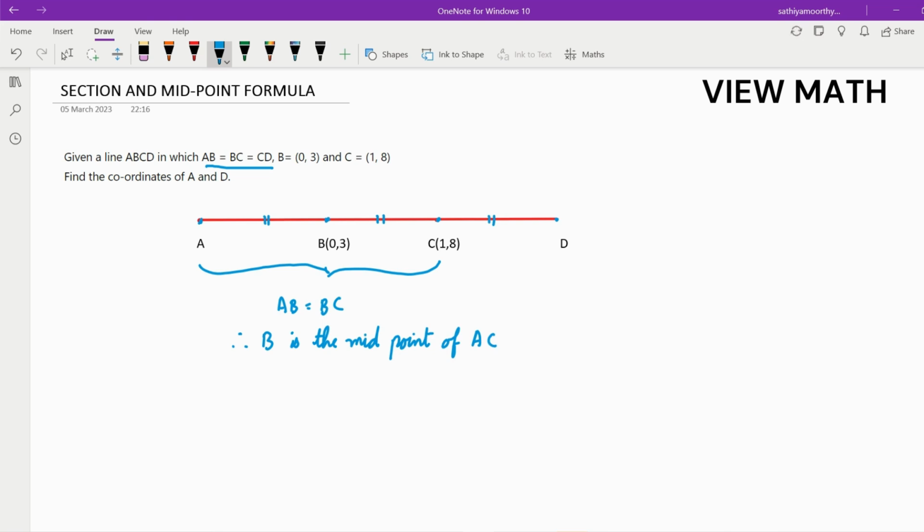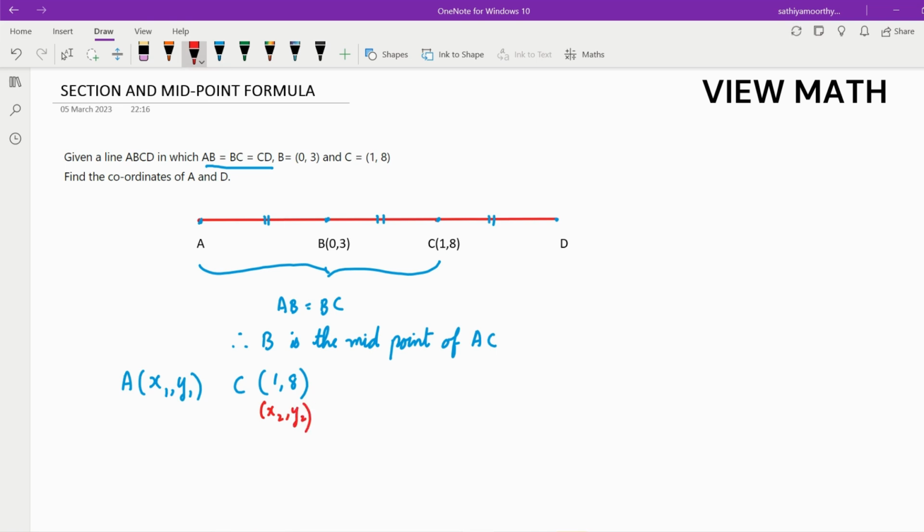So now I'm going to use the midpoint formula to find out the coordinate of A. In this, the A coordinate I have to find out. Let me take it as x1, y1, and the C coordinate is (1, 8), so C is x2, y2.